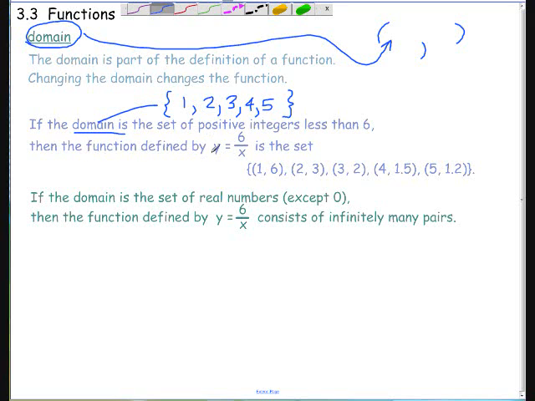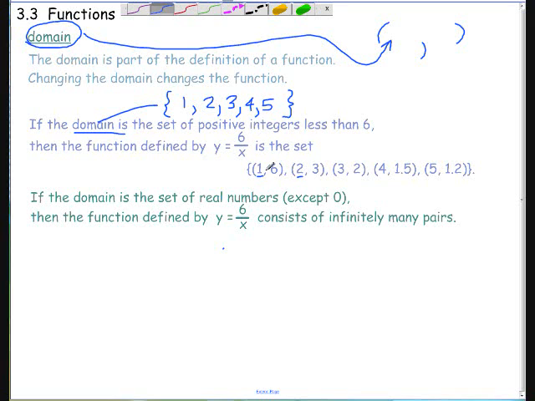And if the function is defined by y equals 6 over x, we get this set. Let's check it out. So when the domain is 1, there's my 1. I put a 1 in, and I have y equals 6 over 1, y equals 6.